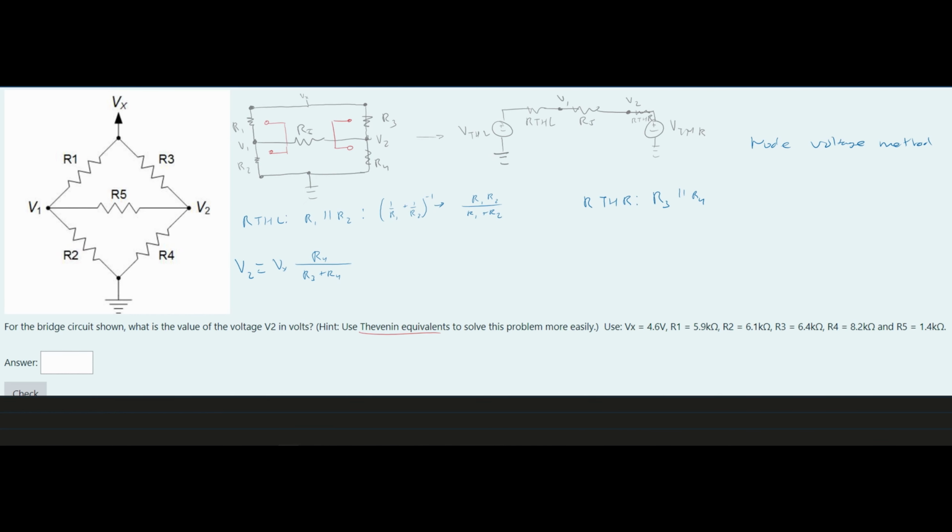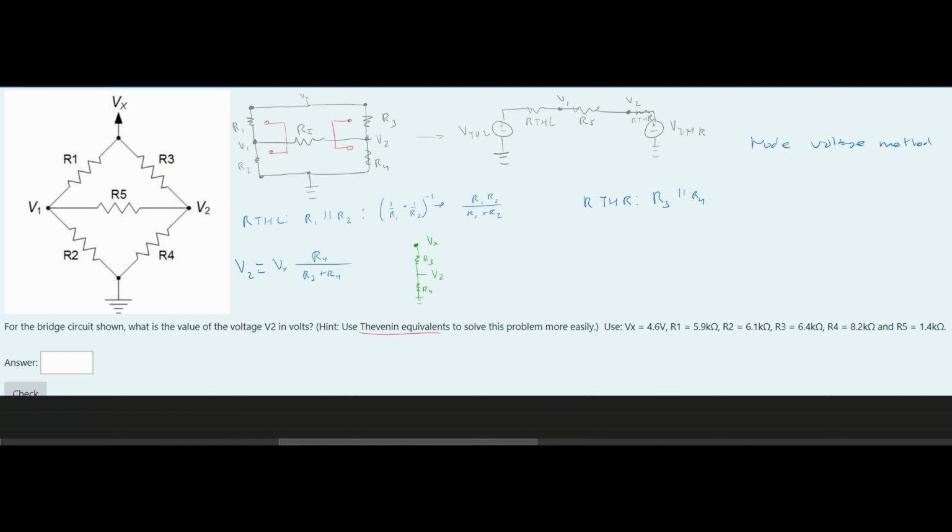Another way to look at this is if we do the following. We have our Vx source, and because it's a Thevenin equivalent, we're not looking at this resistor. We have this Vx, and then we have our R3, and then we have our V2, and then we have our R4, and then we have our ground.